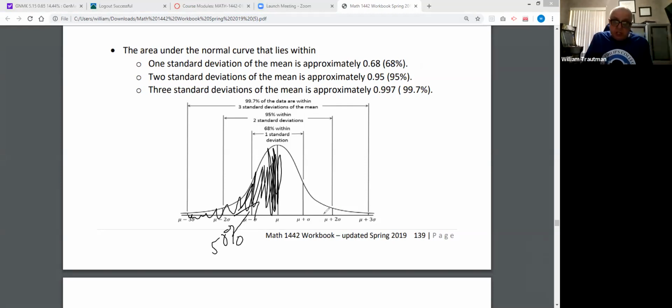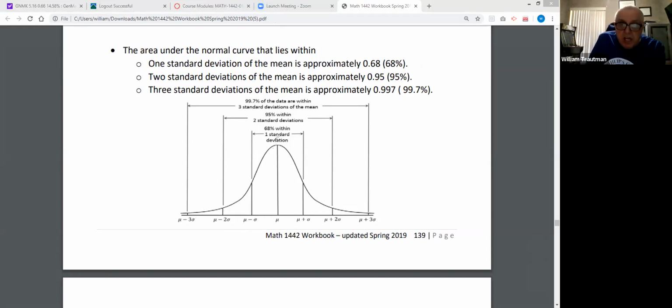Half of it to the left, and another half of it, 50%, is to the right. And then we're using, once again, the mean. We're calling the mean at the center.